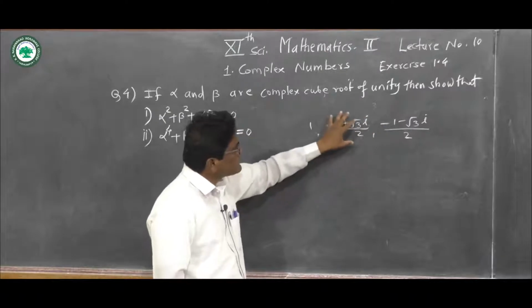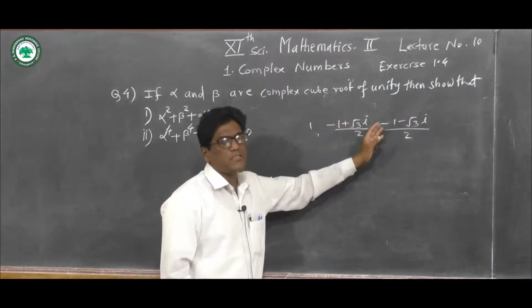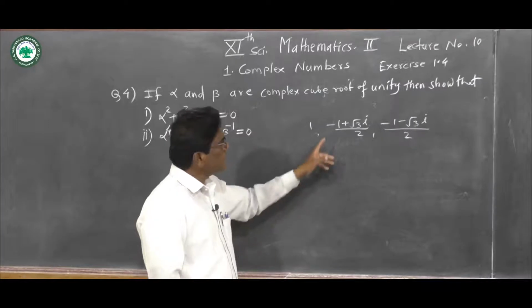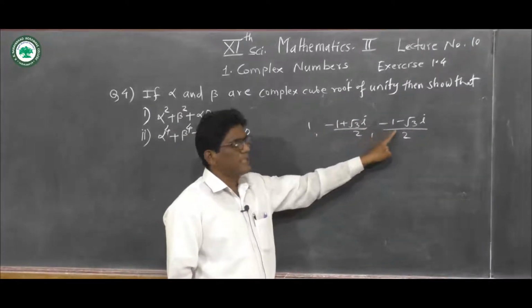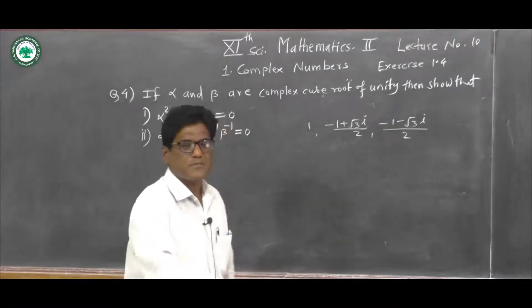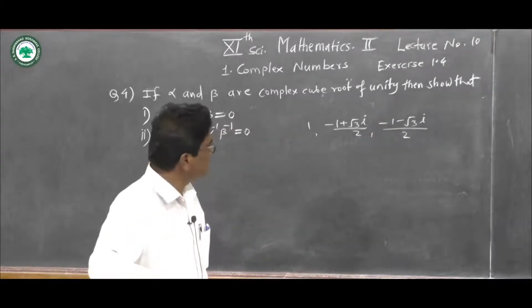And here we have given that alpha and beta are complex cube roots of unity, means we have to assume this as alpha and the other root as beta. So we take here alpha as minus 1 plus root 3i divided by 2 and beta as minus 1 minus root 3i divided by 2.